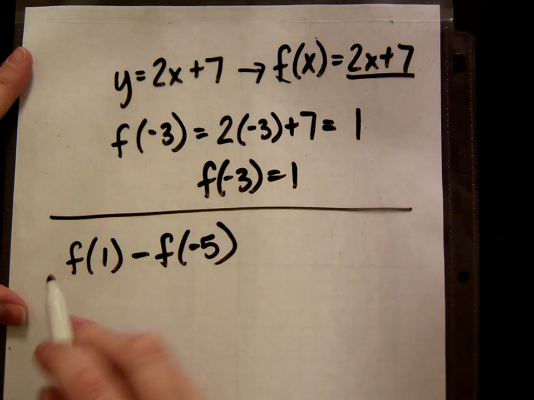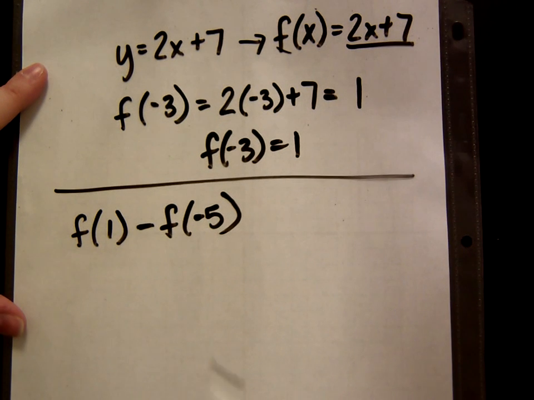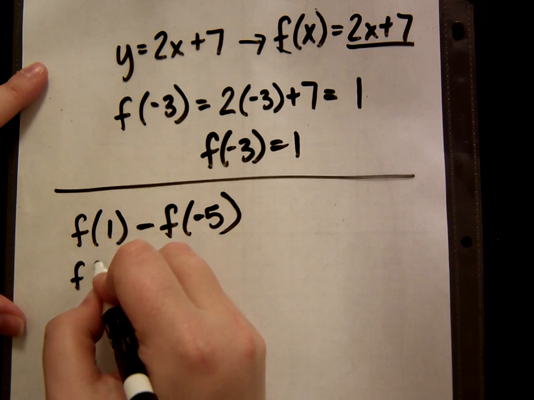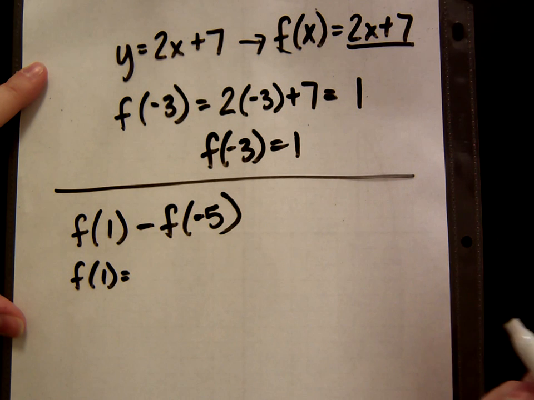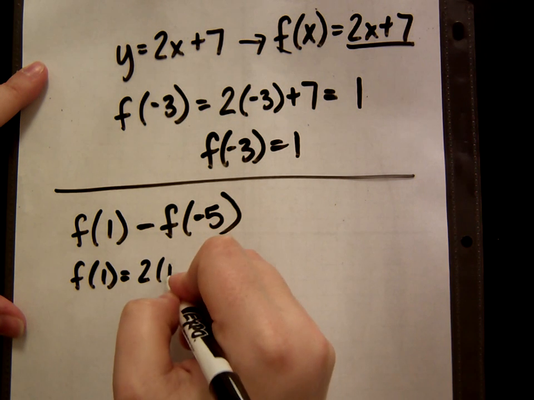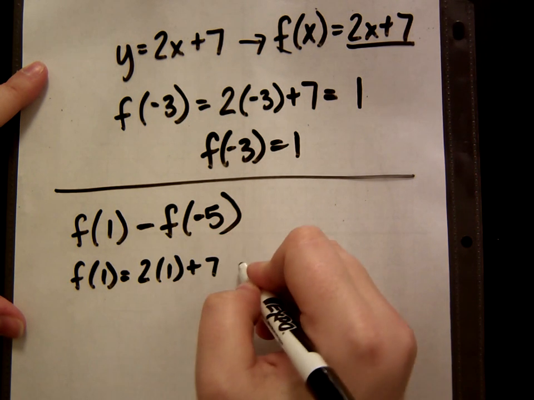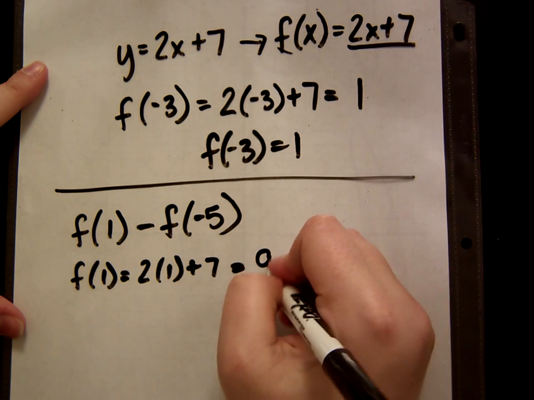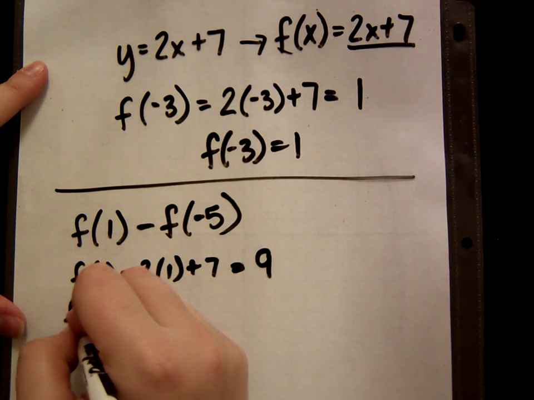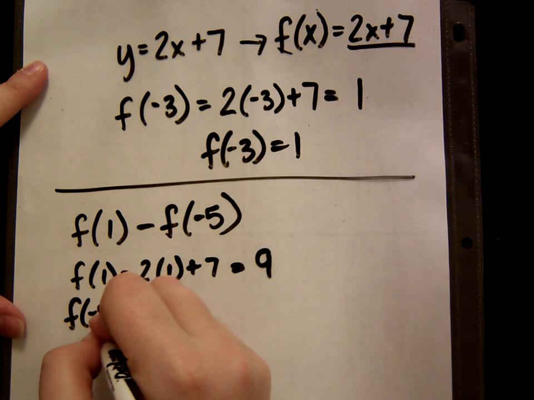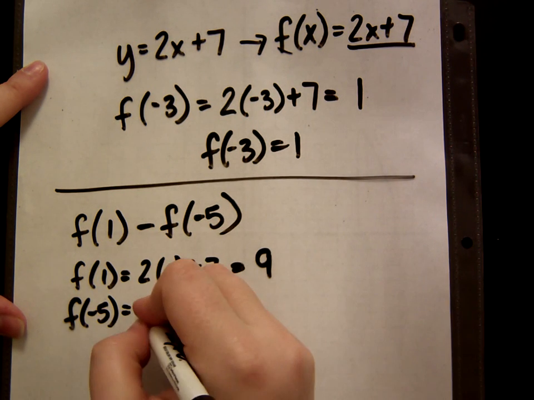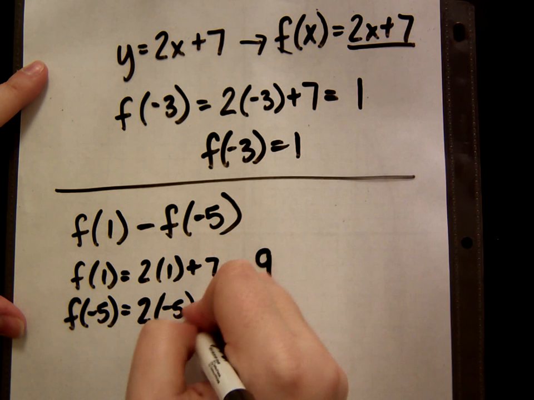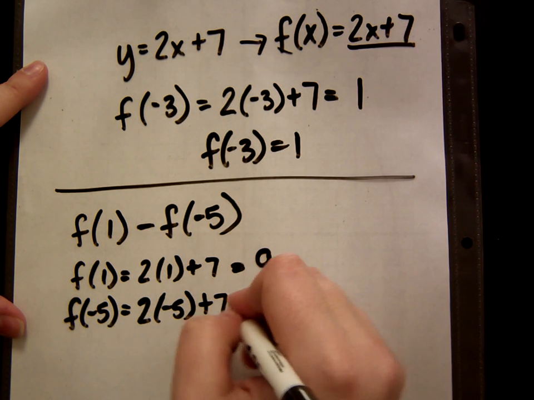If I had something like this, what I would have to do is I would have to plug in 1 first. So 2 times 1 plus 7, okay, that's 2 plus 7 gives me 9. Then I would plug in a -5 into the function. So 2 times -5, which is -10, plus 7 gives me -3.